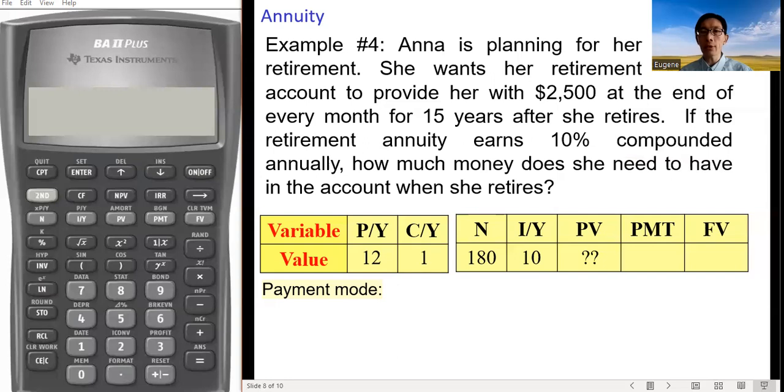PMT, the $2,500, she receives it. This is cash inflow, a positive value. And FV, the account balance after 15 years, should be 0. The payment mode, end mode. The payments are received at the end of every month.